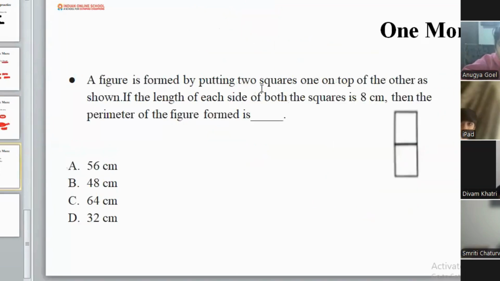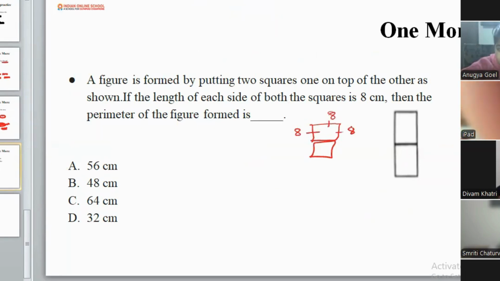Understood, everyone? Now the next question is: a figure is formed by putting two squares, one on top. One square is this and another square we are putting on the head of this particular square. The side of both squares is 8 centimeters, which means every side is 8.